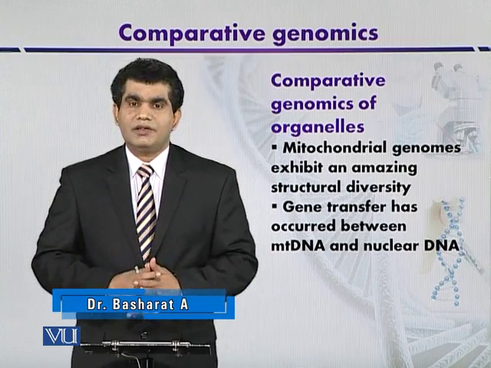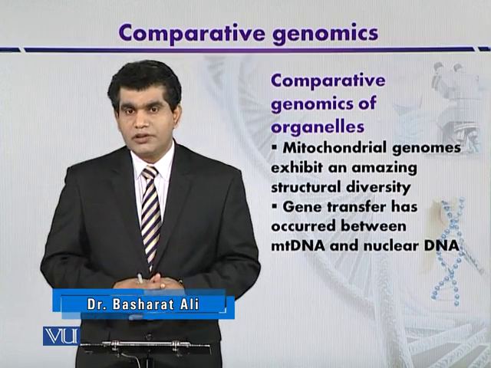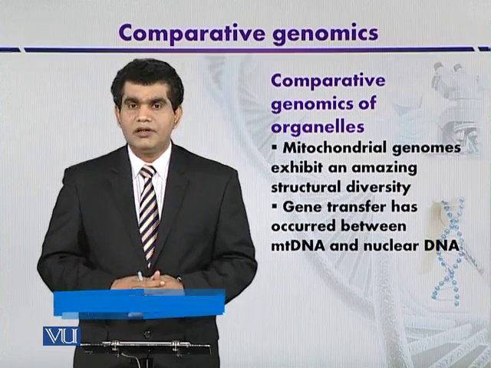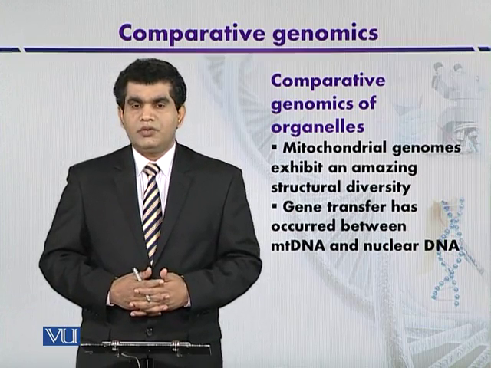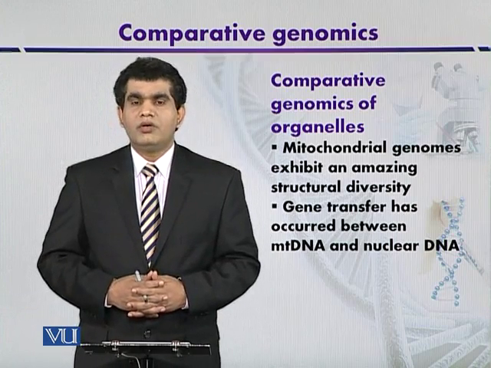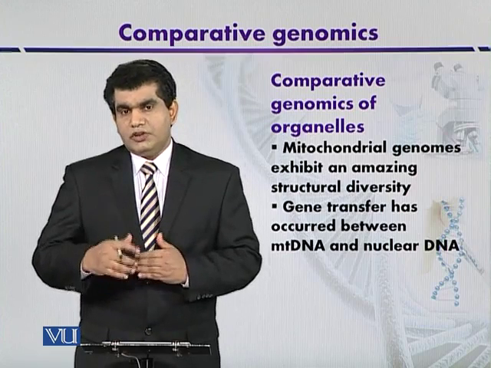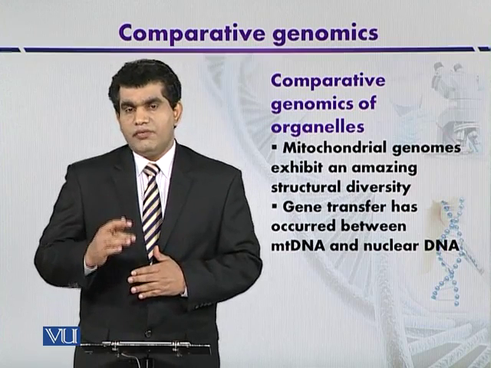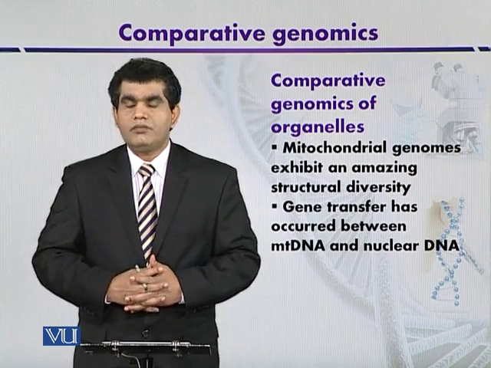And on the other hand, in plants, the genome size of the mitochondria is relatively high, like it may be up to 200 kilobases or higher. So in this way, one can say that the genome in mitochondria can vary from organism to organism.